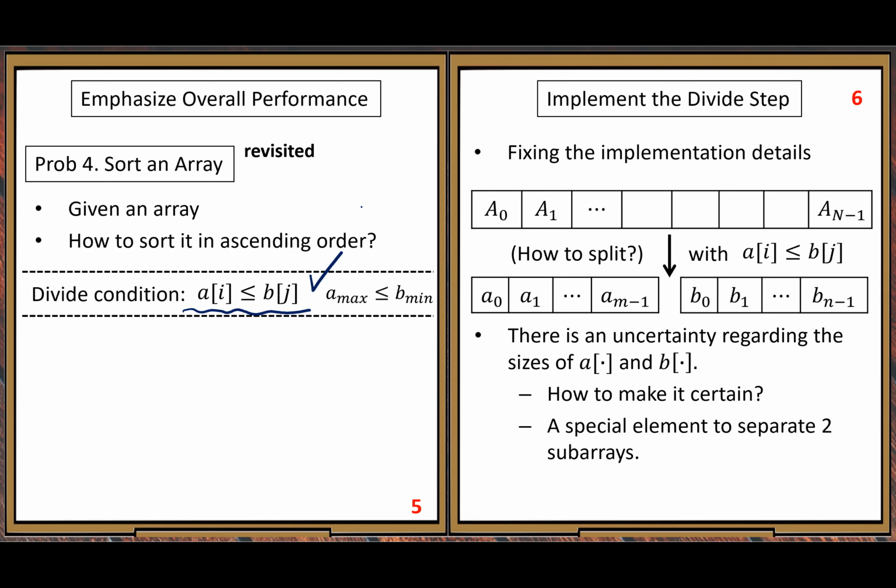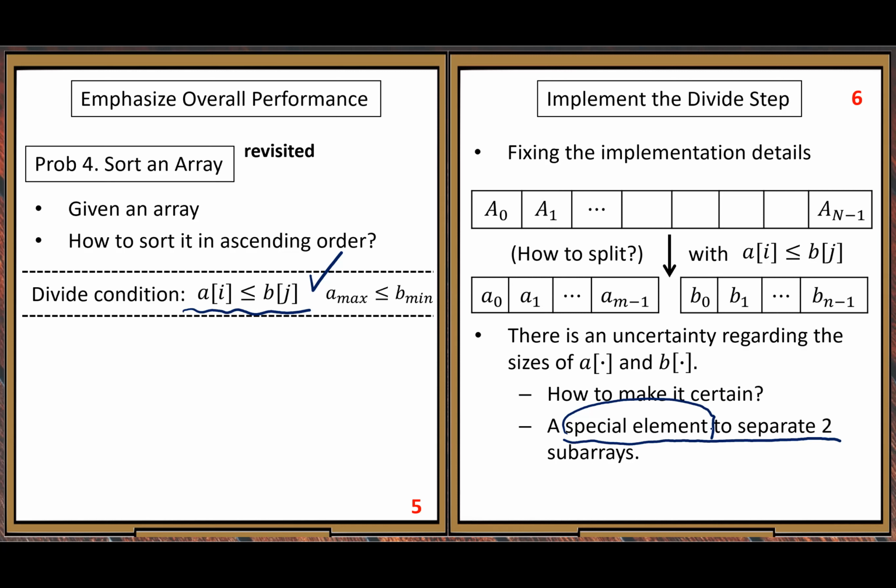Here the idea is we need some special element to separate. How to separate two subarrays? We cannot use data sizes to separate, because they are uncertain. So we cannot use that data size information, but we want to use some other information. We need to find a special element that can be used to separate two subarrays.